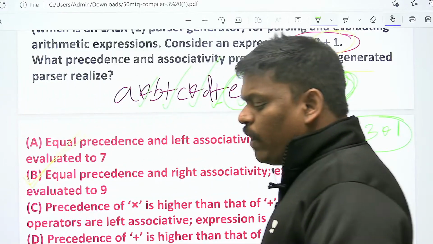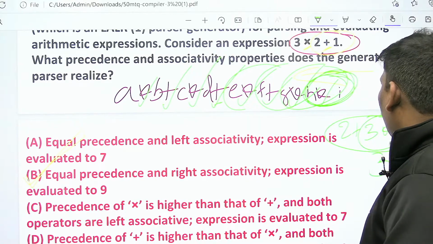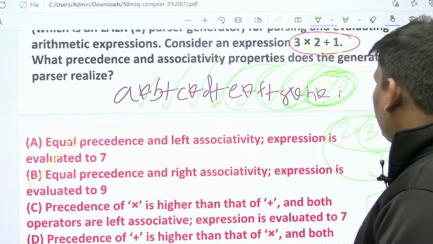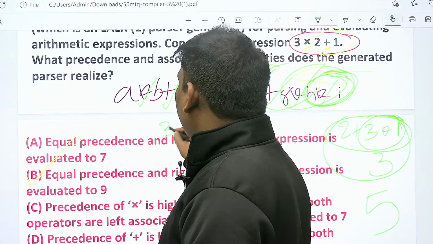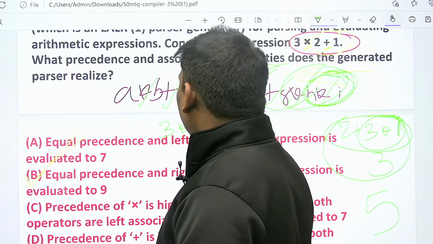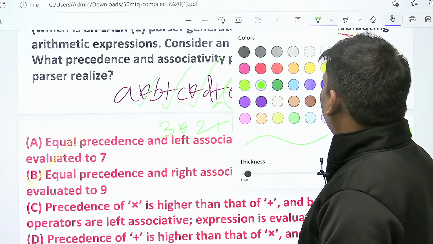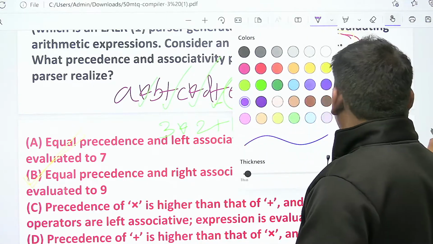Yeah, 5, because first 3 into 1 will be done, which is 3. 2 plus 3 is 5. For this expression, 5. Can you say for this expression what is the answer?